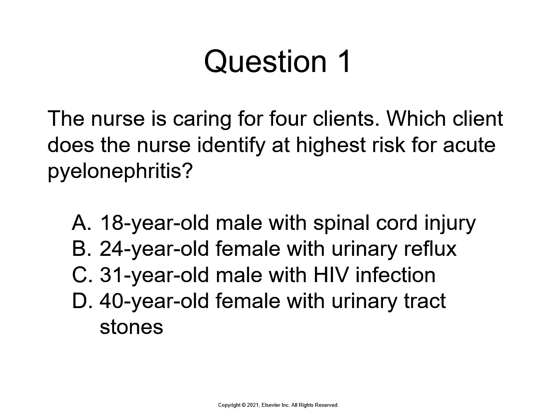So now we have a nurse caring for 4 clients. Which client does the nurse identify as the highest risk for acute pyelo? Would it be an 18-year-old male with spinal cord injury, a 24-year-old female with urinary reflux, a 31-year-old male with HIV infection, or a 40-year-old female with urinary tract stones?